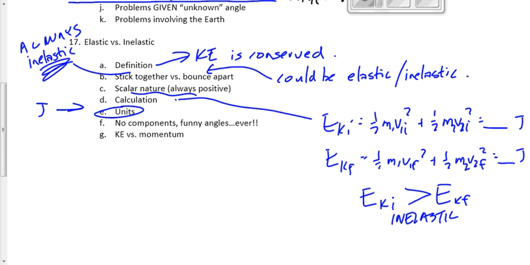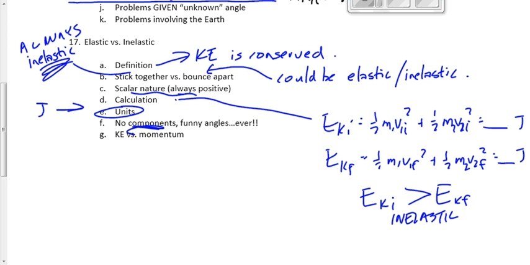Use joules. And remember, again, with the scalar nature, always positive, no components. No funny angles, okay? This is the one time when you can say, I don't like funny angles, but they're not really bothering me right now. If you're dealing with a scalar, funny angles don't matter. You can hate them all you want, but just leave them alone when you're dealing with a scalar.